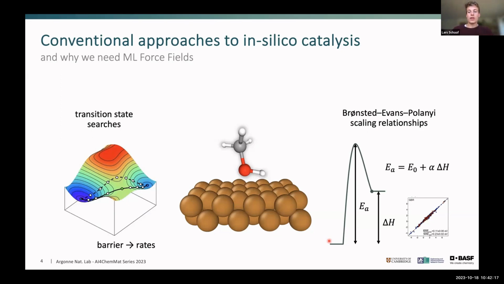But at the same time, you actually want delta H to be high such that the products can escape the surface. And so by making these scaling relations assumptions, we're actually missing out on all of the catalysts that we want to discover, for example, single atom alloys, where we can actually break this scaling relationship. And doing transition state searches and finding transition state activation energies is also routinely done with DFT, although more expensive for individual reaction steps.